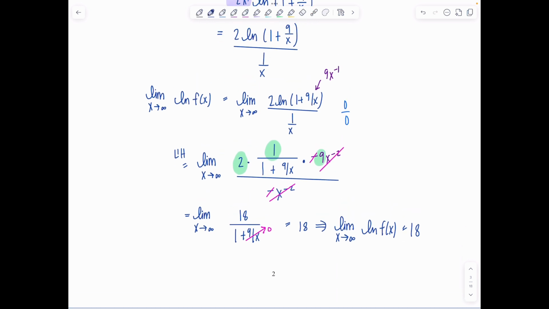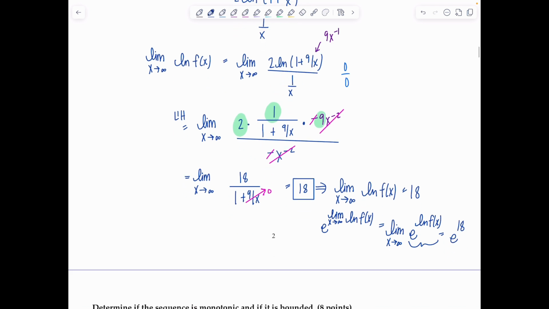Well, you just take e and raise it to whatever you got here as your limit, because basically you have e to the limit as x goes to infinity, ln of f of x. You can pass the exponential function through into that limit and write it as the limit as x goes to infinity of e to the ln of f of x, and that would be e to the 18th, and then this is just f of x.